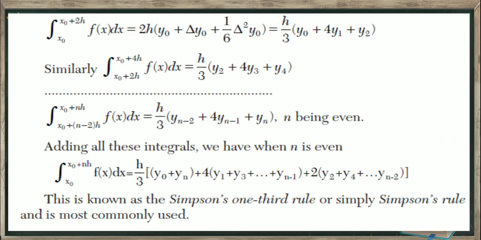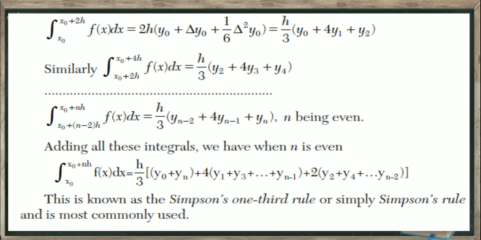So integration from x0 to x0 plus 2h of f of x dx is equal to 2h times [y0 plus delta y0 plus 1 upon 6 delta square of y0], which is equal to h by 3 times [y0 plus 4y1 plus y2].